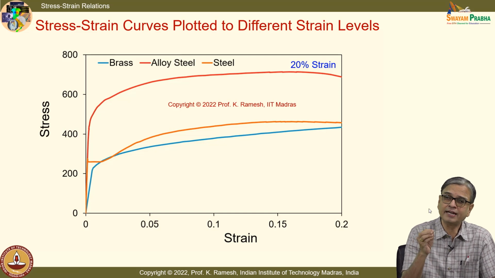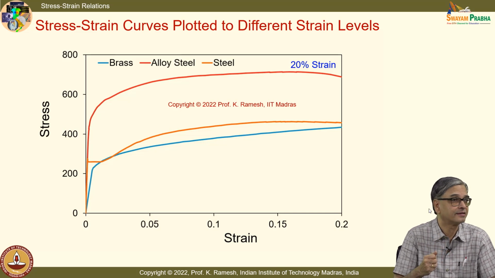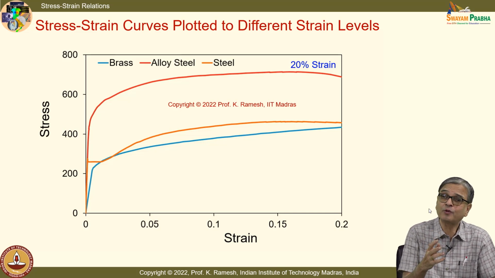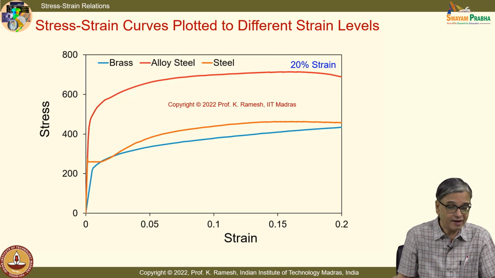Because once you collect data, what does the data say? How do you interpret the data? Why do you make an approximation that I can live in a small deformation? Is it justifiable? And what are the other properties?